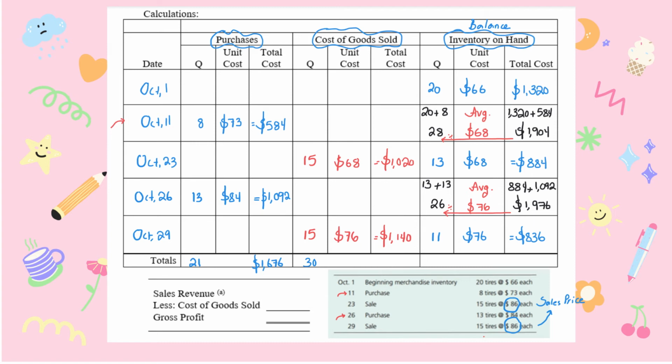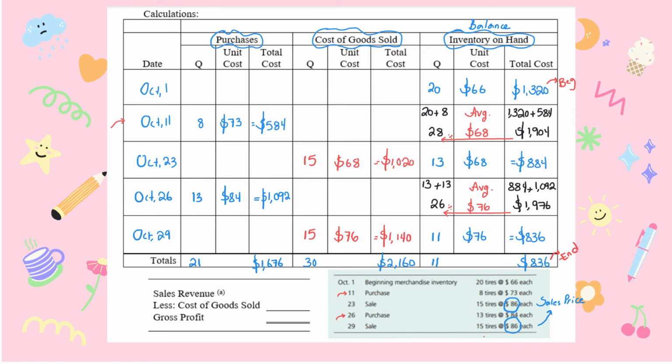The total cost 1020 plus 1140 equals 2160. Now for the ending, we're gonna take only the last box, which is 11 at 836. So this was your beginning balance, and this is your ending balance.